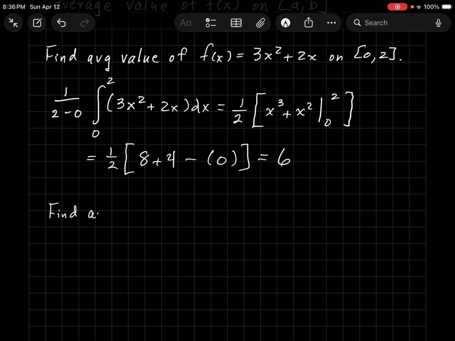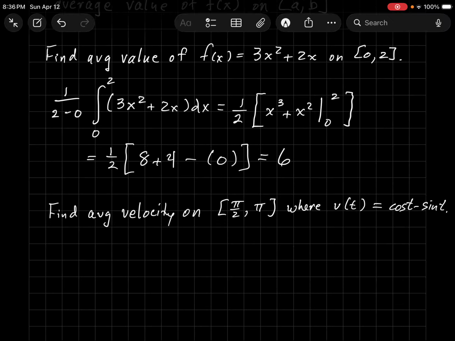Another problem. Let's find the average velocity on the interval, say, pi over 2 to pi, where we're given the velocity, we'll call it v of t, equals cosine t minus sine t. How do we find the average of anything?